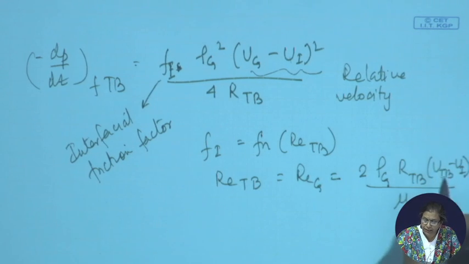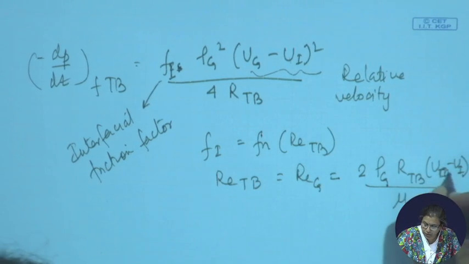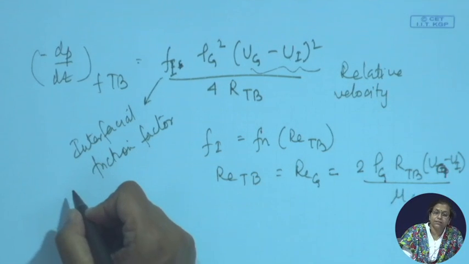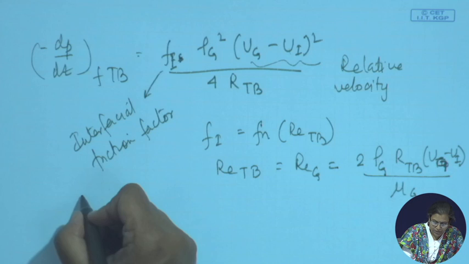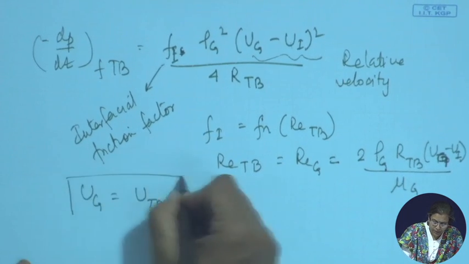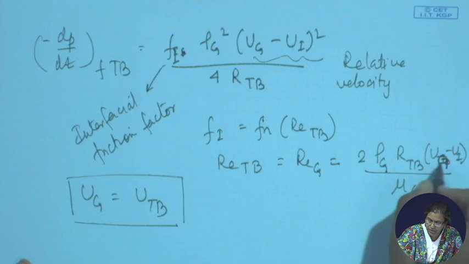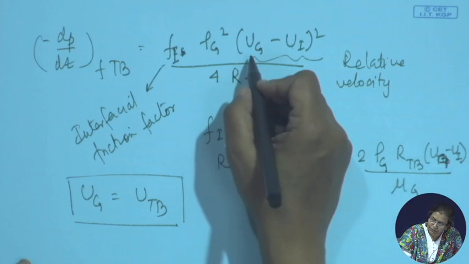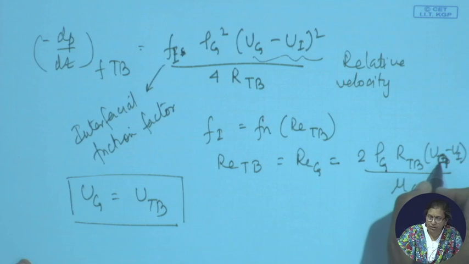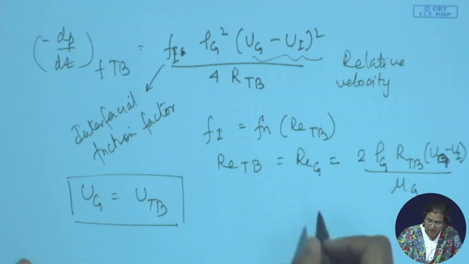And remember one thing, I should not be using both the symbols, it will confuse you further. Since the entire gas flows as a Taylor bubble, in this particular case U_G equals U_TB. So, even if I use both the symbols, it is the velocity of the Taylor bubble and the gas phase velocity, the in situ velocity inside the conduit, they are identical, right.